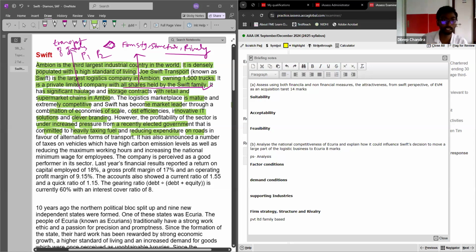At the same time, the government is saying that we are going to heavily tax fuel as well. They have 1,500 trucks. Because of this heavy tax on fuel, their cost of running these trucks will increase. Maybe that is why Swift is thinking to move to this ACCA country.